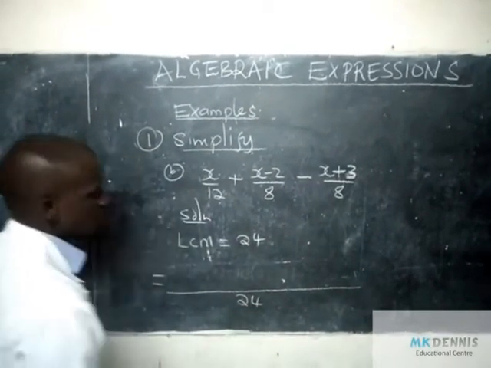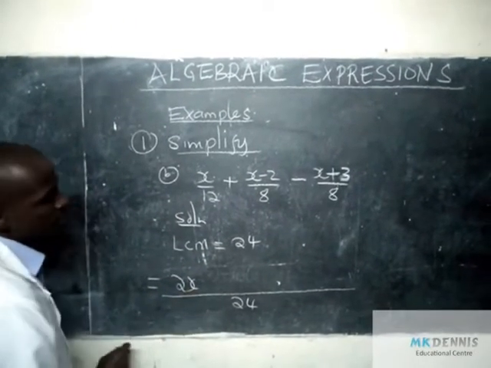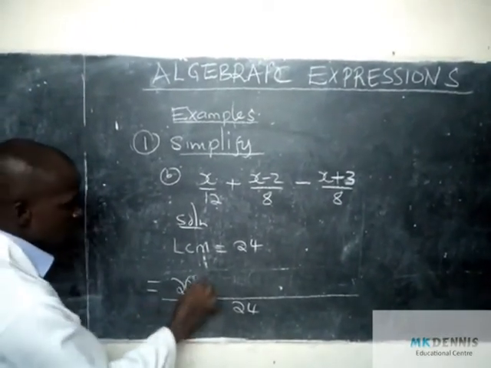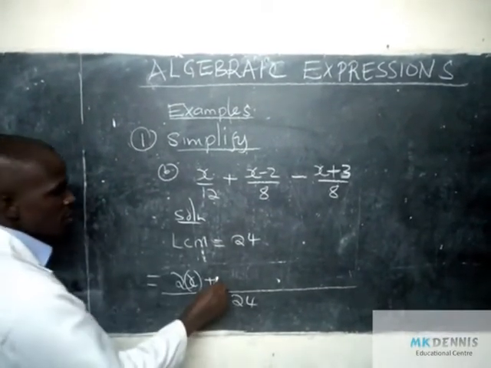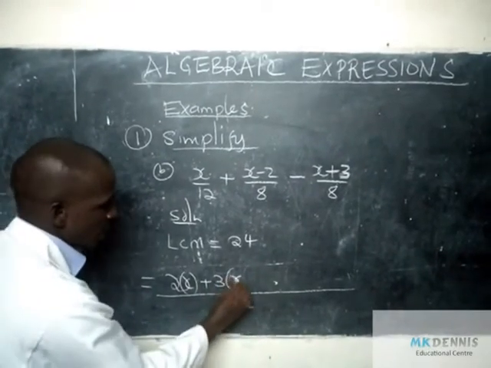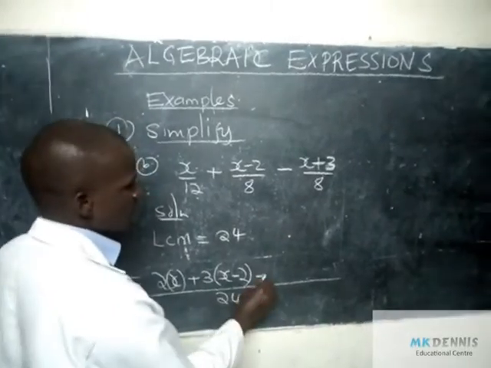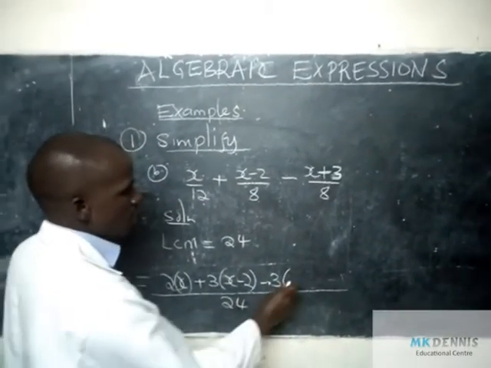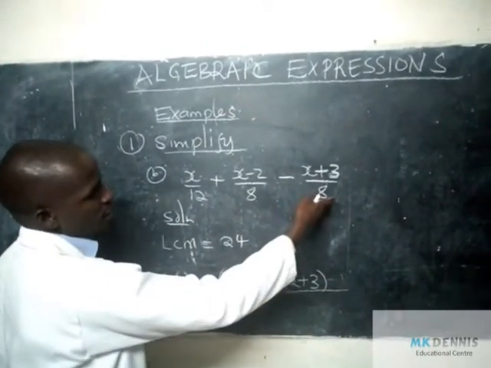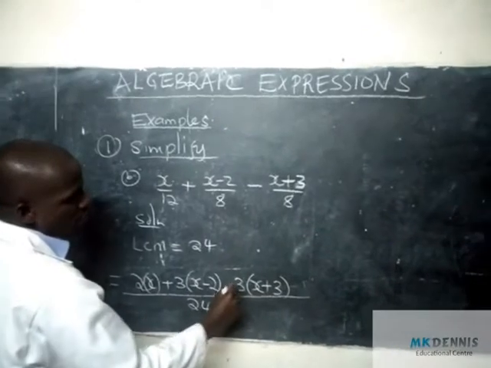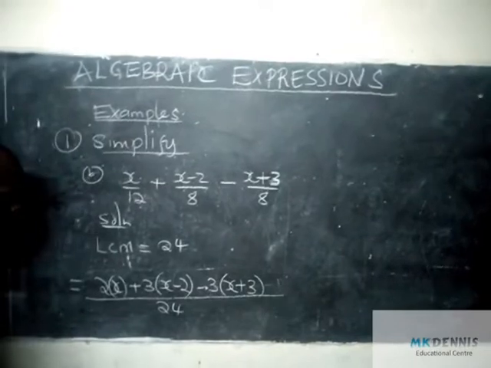So 24 divided by 12 is 2, so we get 2 into x. Plus, 24 divided by 8 is 3, so plus 3 into (x - 2). Then 24 divided by 8 is 3, so it's a minus, 3 times (x + 3), everything there.